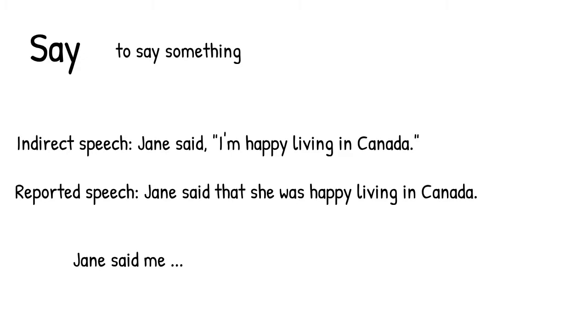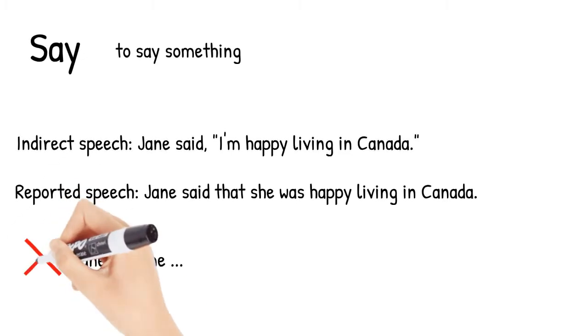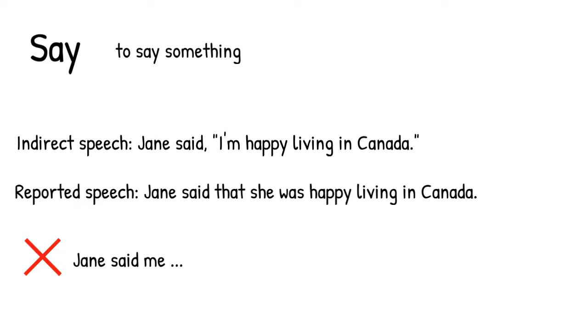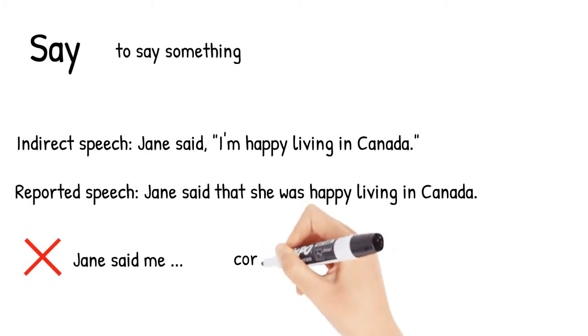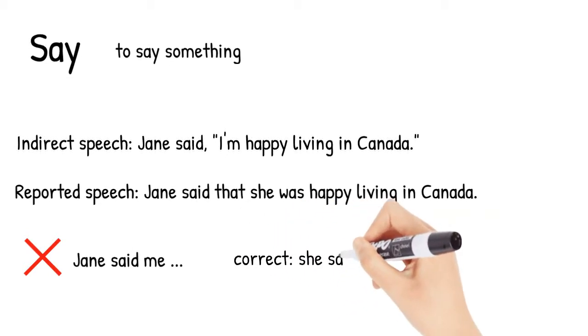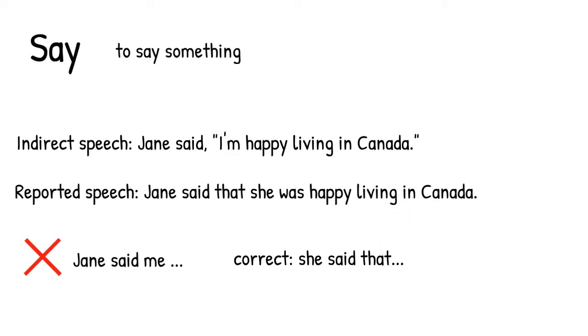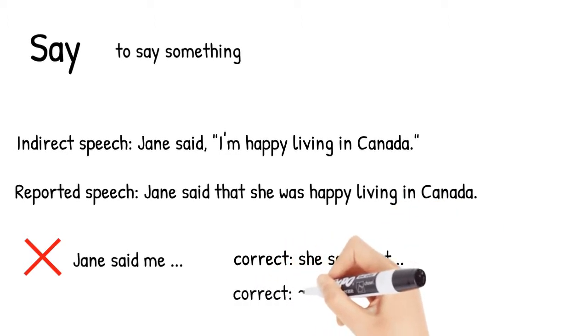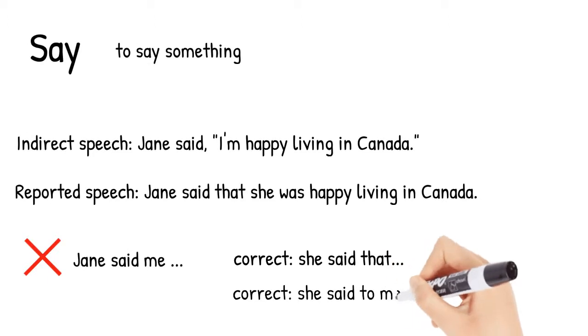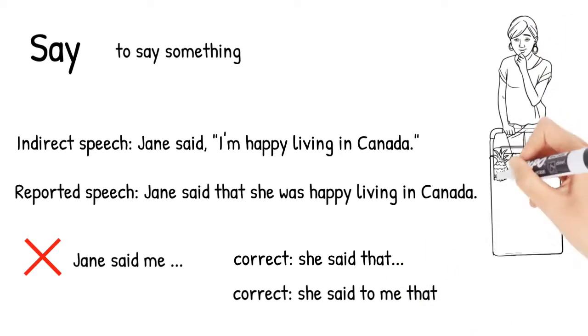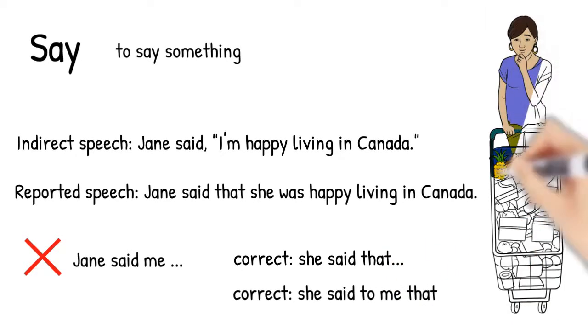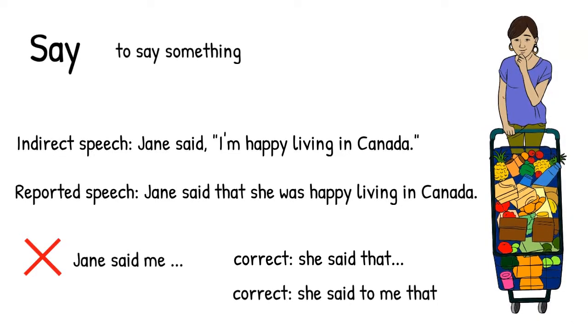But can you say Jane said me that she was happy living in Canada? No, you can't say said me. It's incorrect because look at the top. It says to say something. So it is correct to say she said that, or you could add she said to me that, but you cannot say she said me.